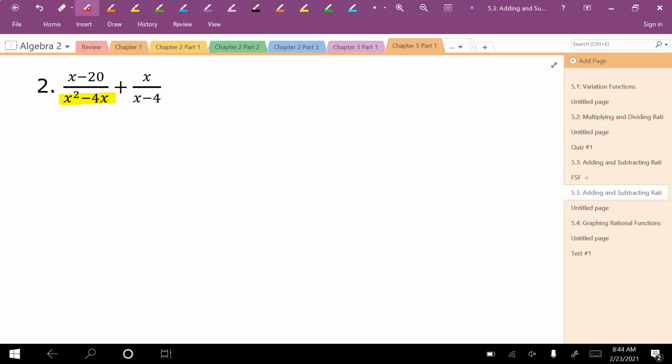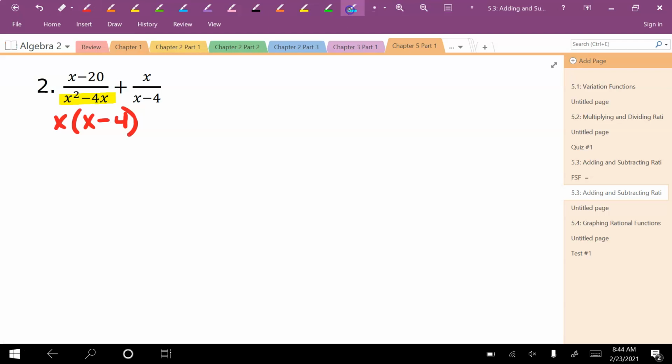What is something that I could factor out of that? Just from the x squared minus 4x, what's something that they have in common? X. And if I take an x out, what's left? Good, x minus 4. So that first fraction is really x minus 20 over x times x minus 4.